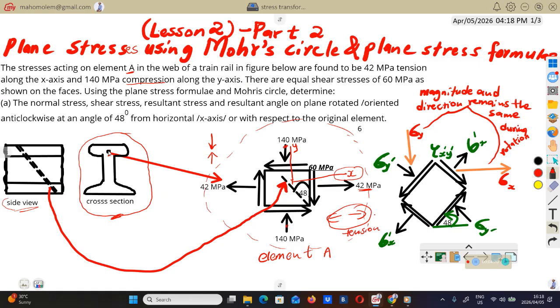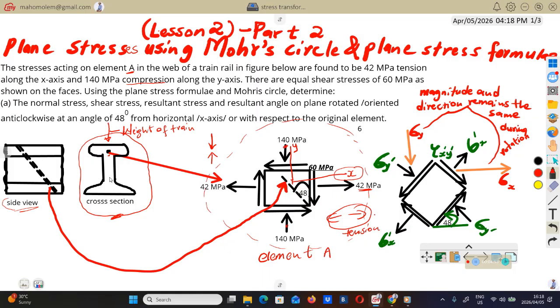This train rail is going to experience a compressive external force due to the weight of the train. The train will move on top of this, so it will exert a downward force on this rail. That's why we have these arrows squeezing.